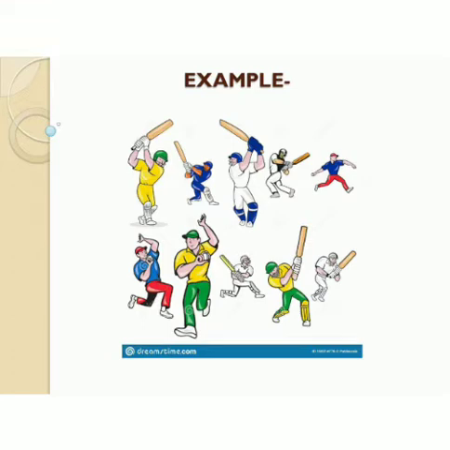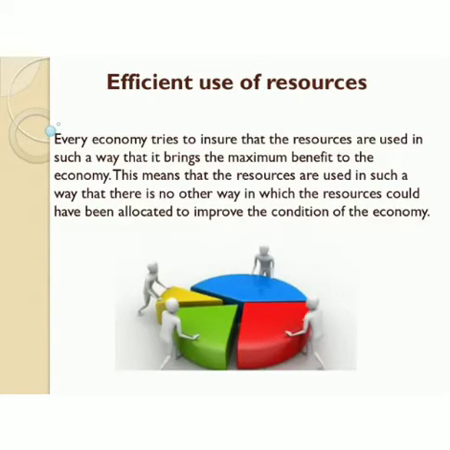In the same way, when an economy tries to use its resources, it tries to use them in such a way that it can produce the maximum with the given amount of resources.